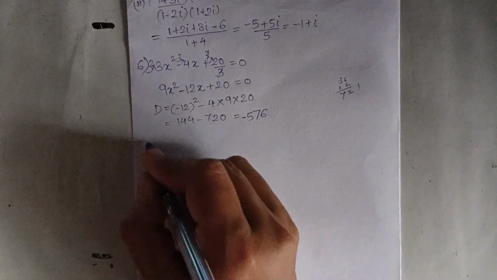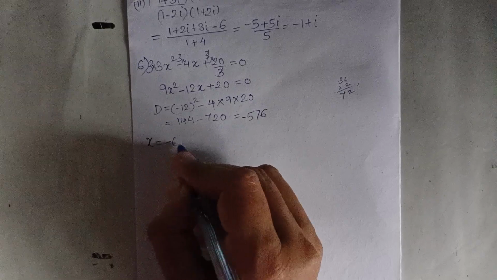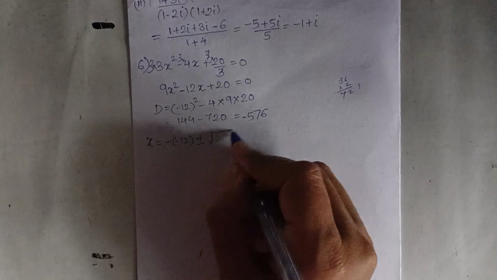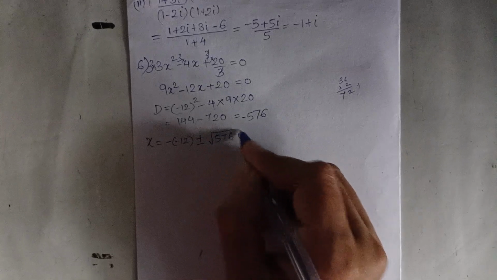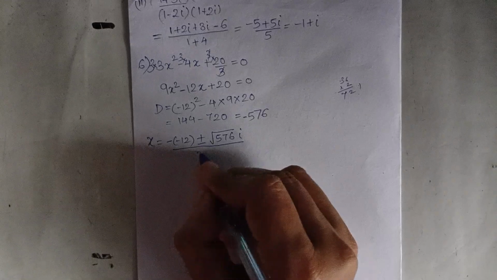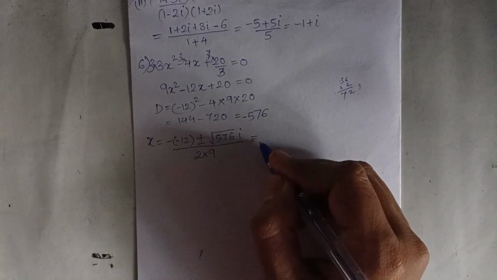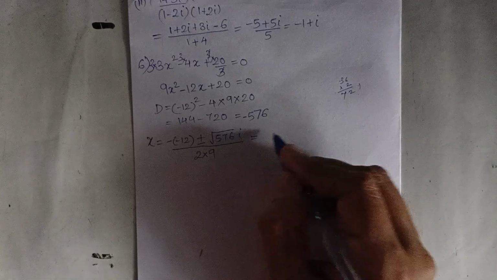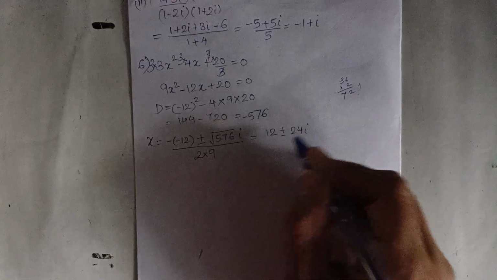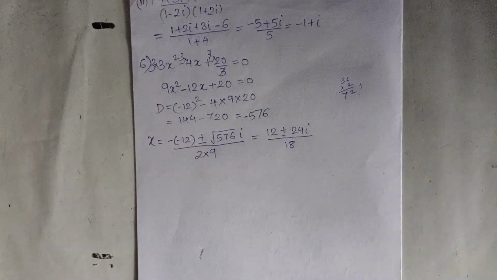So x is minus b plus or minus root of 576i upon 2a. The root of 576 is 24, so 24i upon 18.